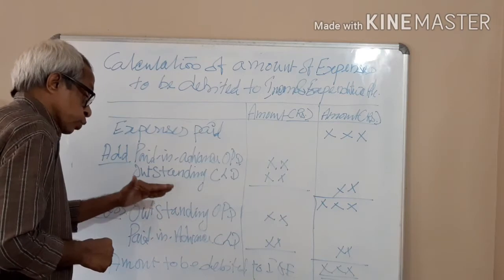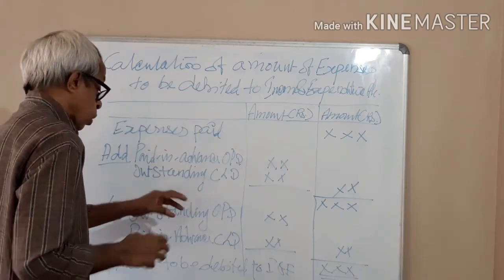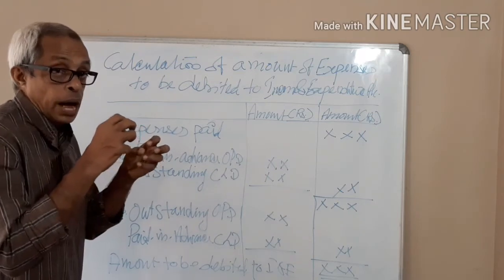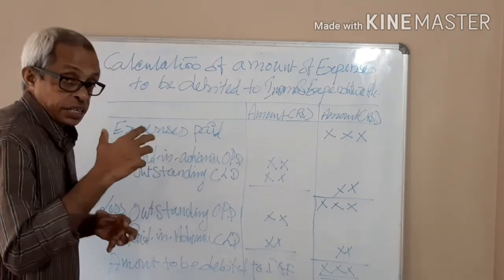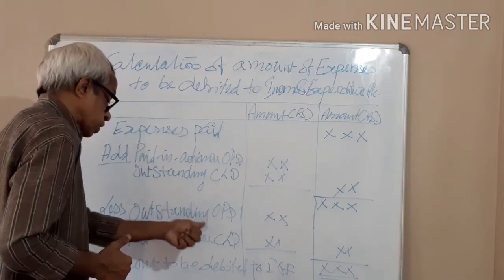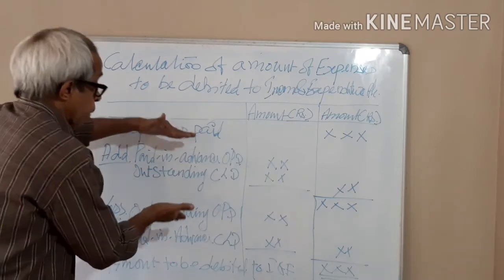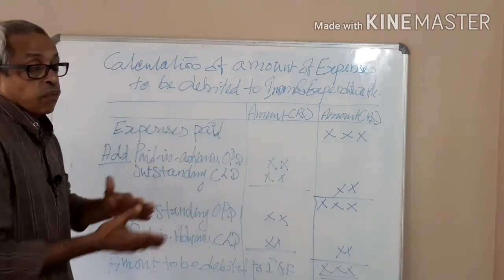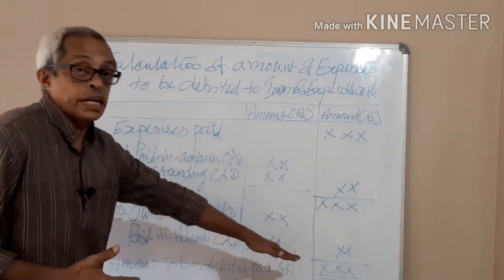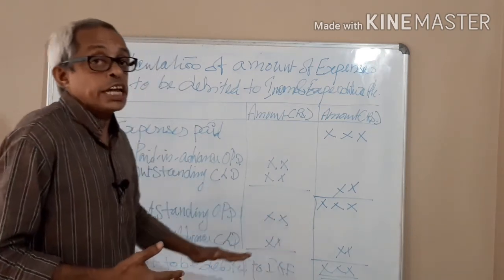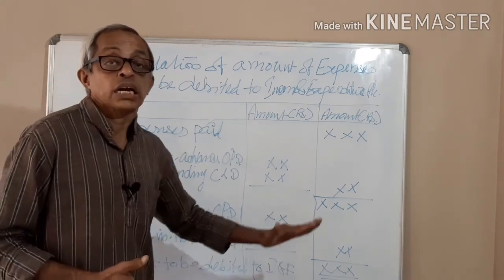To that figure we deduct two more figures, that is opening date balance of expenses outstanding, and we deduct 1 more item, that is closing date balance of expenses paid in advance. After adjusting these 4 figures, we get the amount to be debited to income and expenditure account during the current financial year.